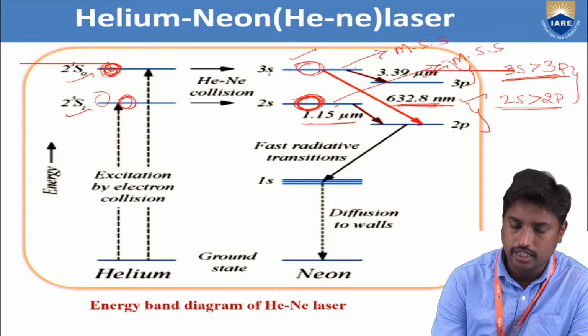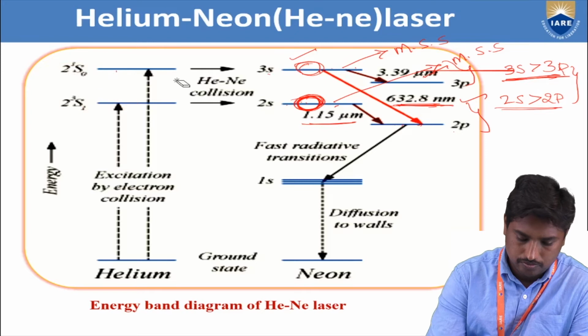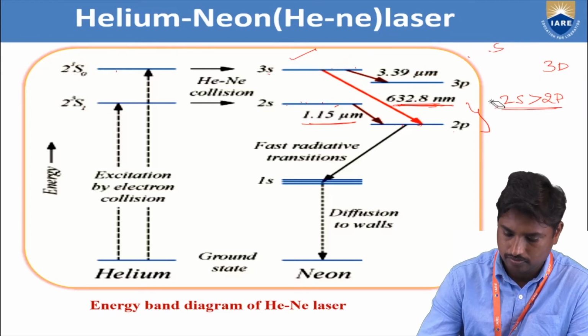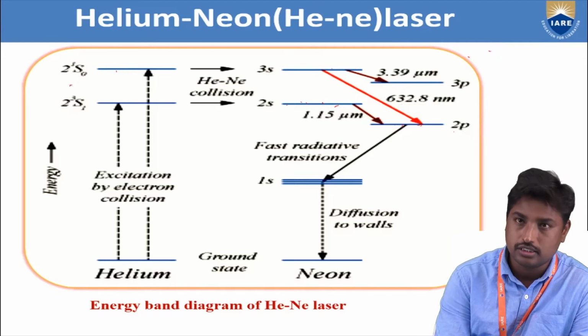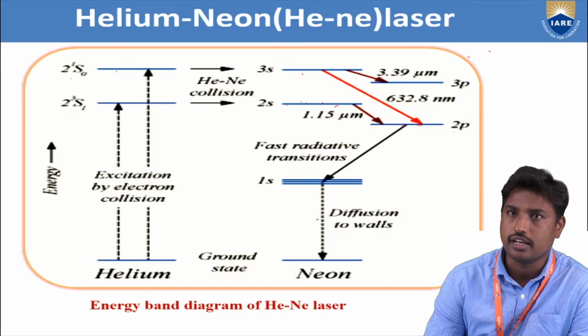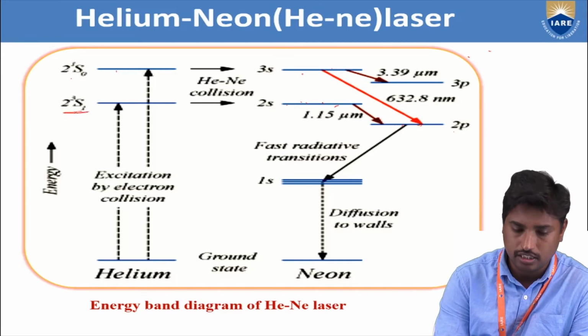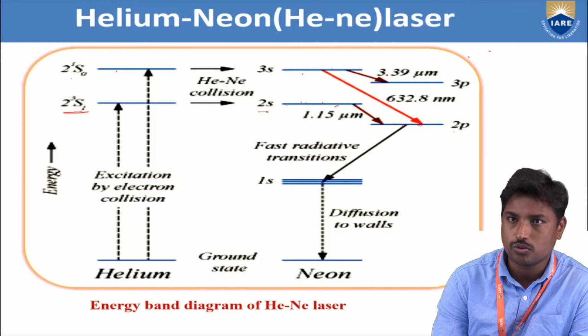That's why I am representing them in a similar way, 2s1 and 2,3s. The energy of the 2,1s level of helium is almost equal to the 3s of neon, and the energy of the 2,3s of helium is equal to the 2s of neon.